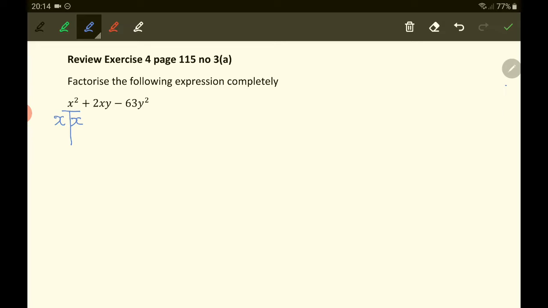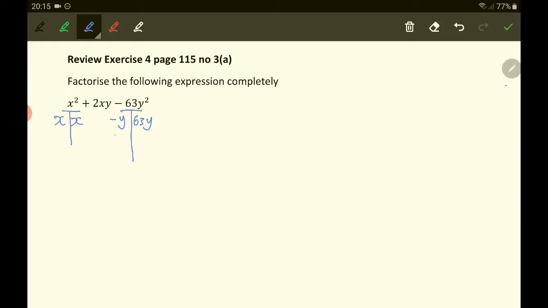For the last term, minus 63y squared, you also find combinations of multiplication that give minus 63y squared. In the first combination, for example, you get minus y times 63y.